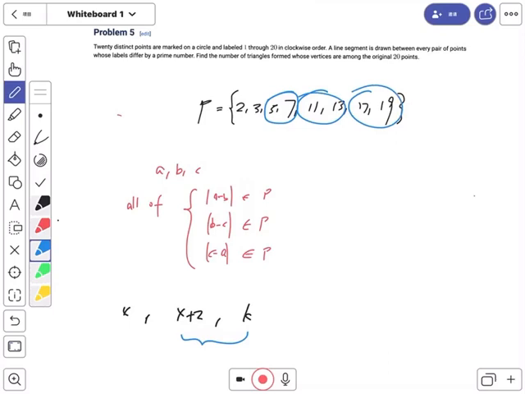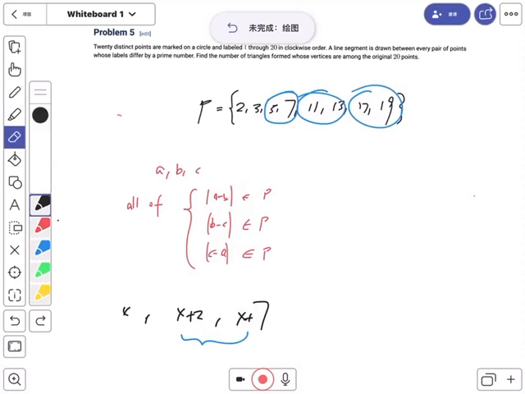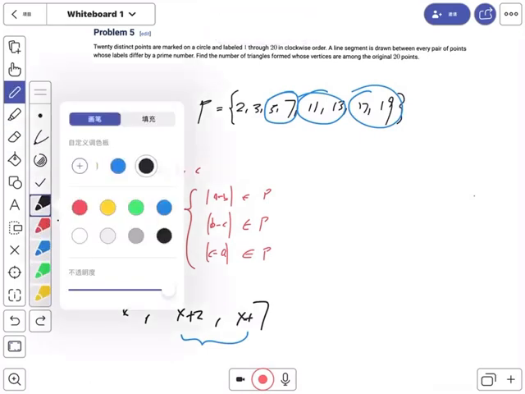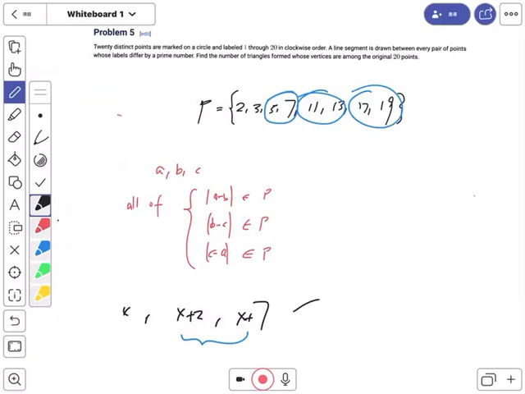So for the first case, the third number will be x plus 7. Keep in mind, all of these must be between 1 and 20. So x plus 7 can have a maximum of 20. Now, what is the minimum of x?